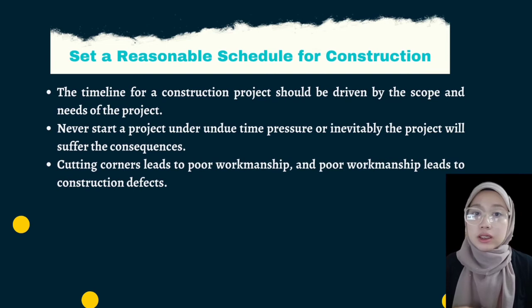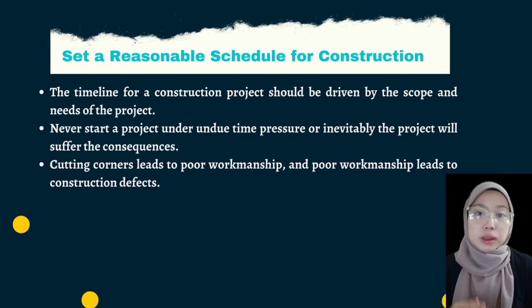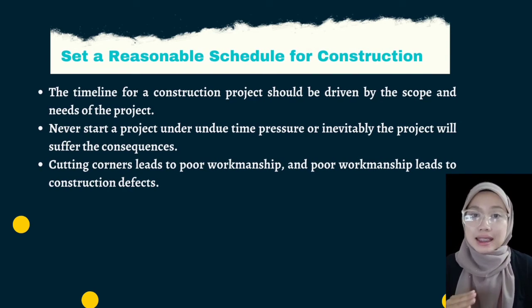The timeline for a construction project should be driven by the scope and needs of the project. Never start a project under undue time pressure, or inevitably the project will suffer the consequences. In the event that too much time pressure is placed on the contractor, the contractor is motivated to cut corners.